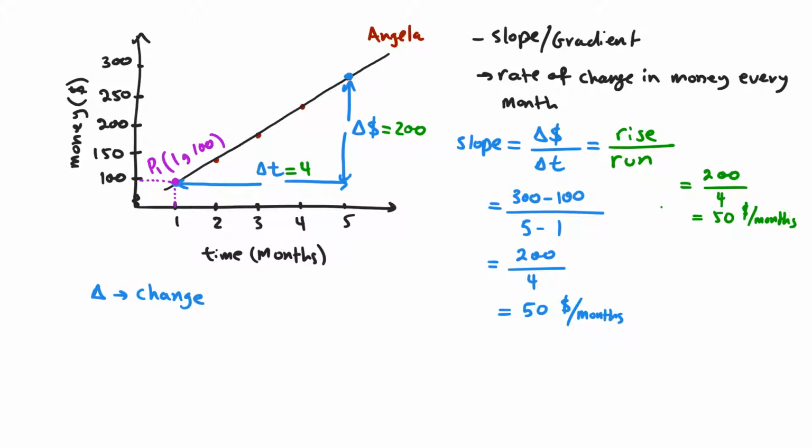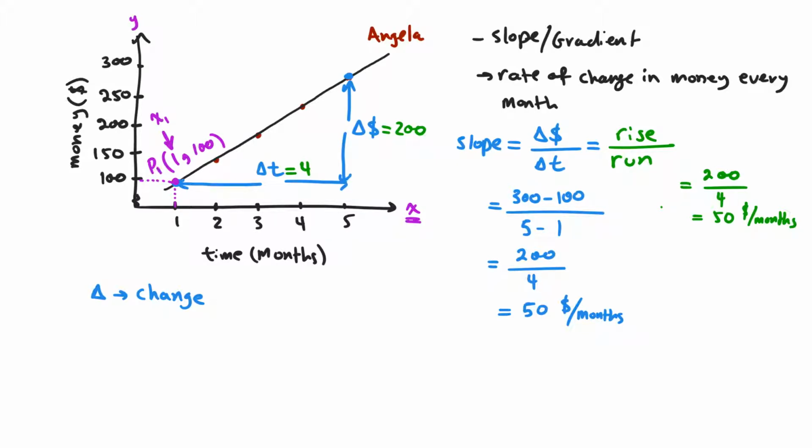To make this easier, I am going to call this axis X and this axis Y. The x value of 1 I am going to give a subscript of 1, which corresponds to the subscript I gave my point.